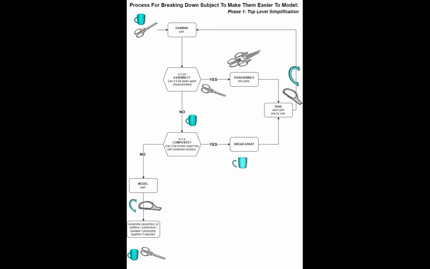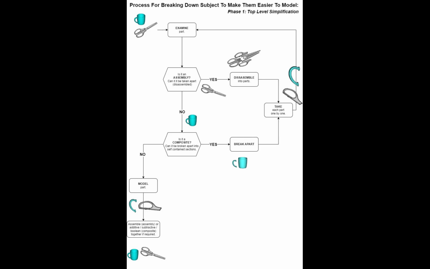If that's the case, we disassemble it into parts, and then we take each one of those parts and go through the same process, asking ourselves, is it an assembly and can it be broken down again? This creates our sub-assemblies. If the answer is no, then the object is possibly a composite, where it can be separated into self-contained sections.